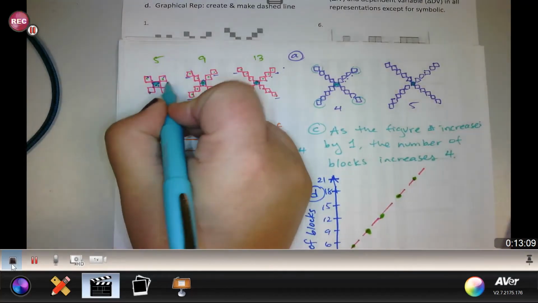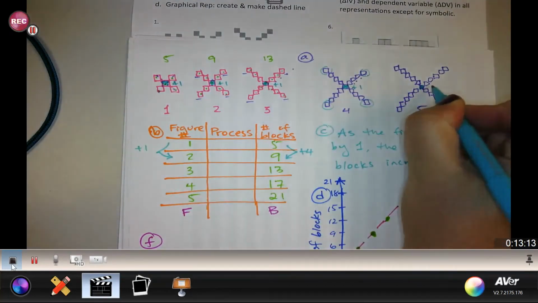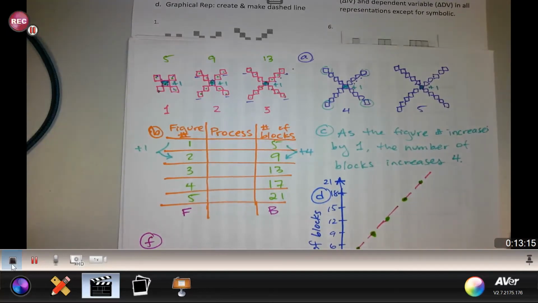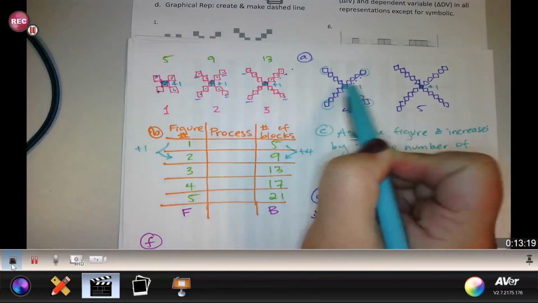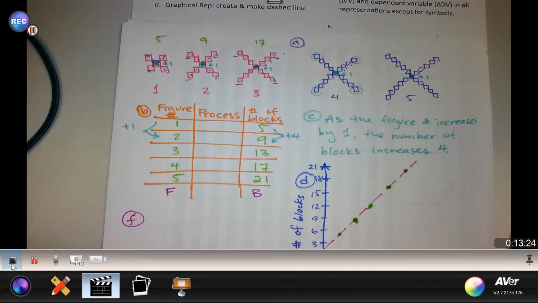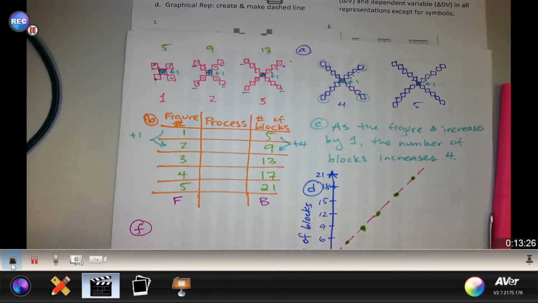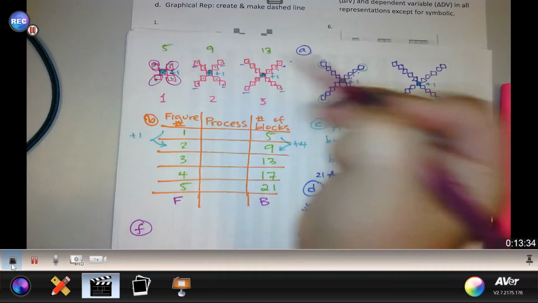Well, here, this is always the same in every single one, so I'm just going to count that as a +1. If I ignore that while I'm doing the rest of my work, at the end of my process, I can just add that 1 block back. Then from there, I have these 4 legs coming out.